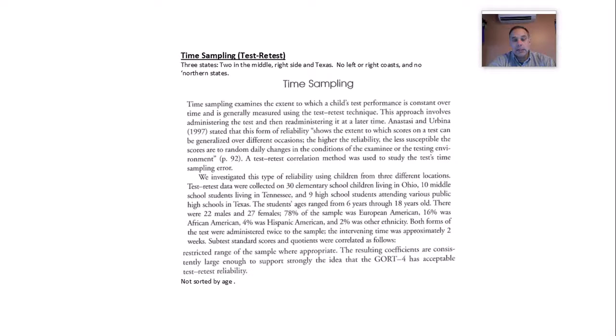I don't know why they did that for the time sampling. I would say that was something that they probably could have done a better job with. You could have picked Texas and a left coast state like California or Washington, and tried to spread it out across the nation overall. But they didn't. It was kind of all in that center area, and maybe there's a reason for that I'm not aware of.